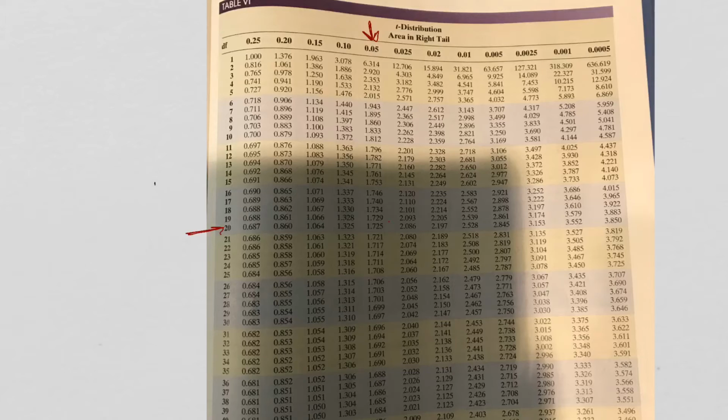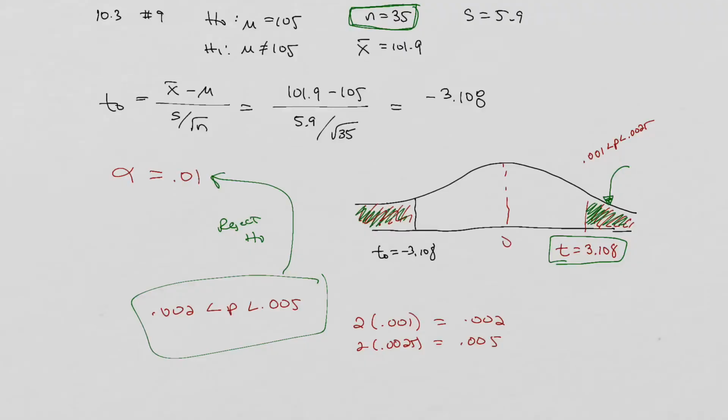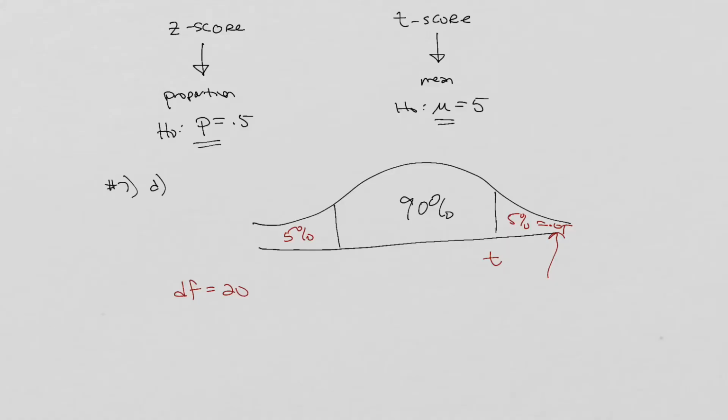They meet up right there, which is the z-score of 1.725. So we can go back to this t-score and make that 1.725. And if we needed this lower one, since it's symmetric, that's negative 1.725. Okay, so that's how you can start looking up those z-scores. I'm sorry, those t-scores, my bad.